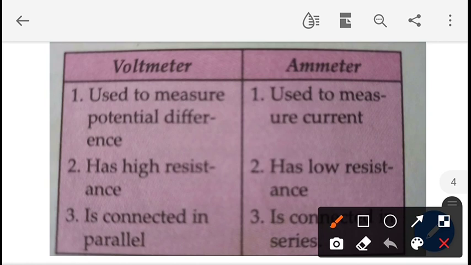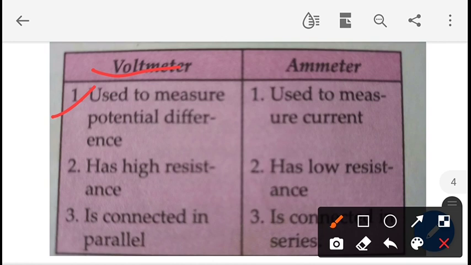In the same way, the voltmeter is a device which is used to measure potential difference between 2 points in an electric circuit. So ammeter for electric current and voltmeter for potential difference.